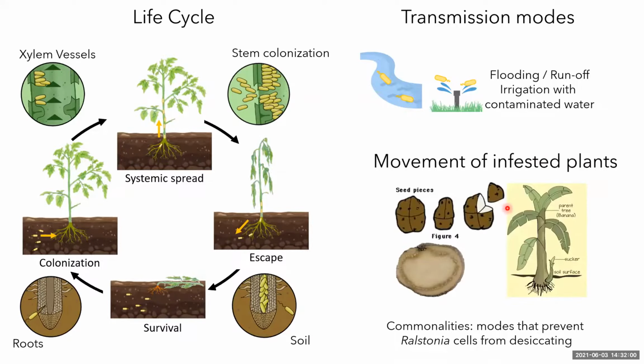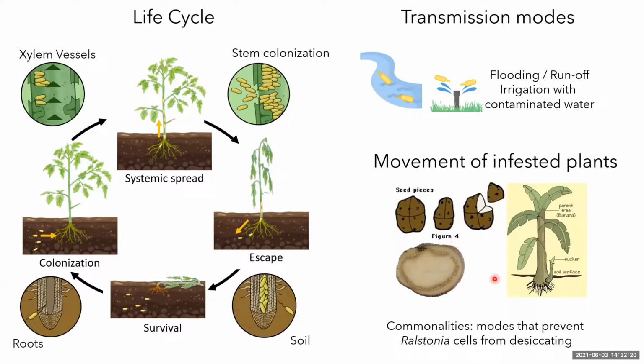For the long distance movement of this pathogen and a good number of pathogens, one of the biggest problems are plants that are latently infected, and then humans move them to a new region. So of course there are systems in place and regulations to try to prevent this, but some slip through.